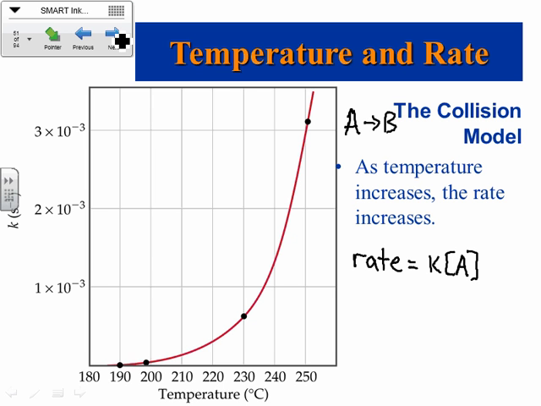It might change it a little bit because it changes volume just a little if we're doing this in a solution, but not so much that you would have this drastic increase in the reaction rate if you increase the temperature. So what must change when we change the temperature is the rate constant itself. In fact, the rate constant is only constant at one specific temperature. If you raise the temperature, your rate constant is going to change. That's the part of the rate law that actually gets affected when you change the temperature.